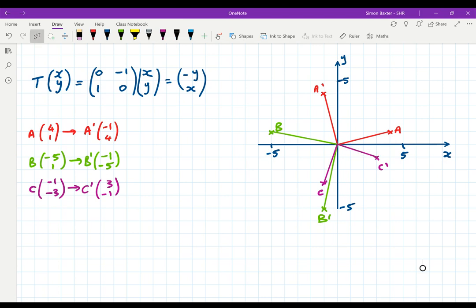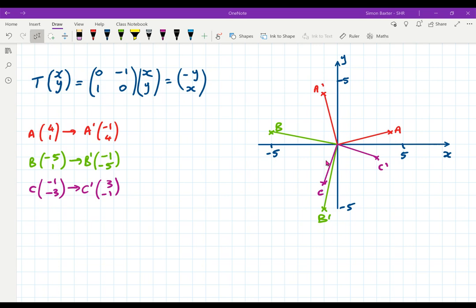What you should be able to see with each of these is that line OA, if you rotate it, 4 along, 1 up, 4 up, 1 back, rotate it through 90 degrees, it ends up on A dashed. There's the secret. If you take OB, rotate it through 90 degrees, it ends up on OB dashed.